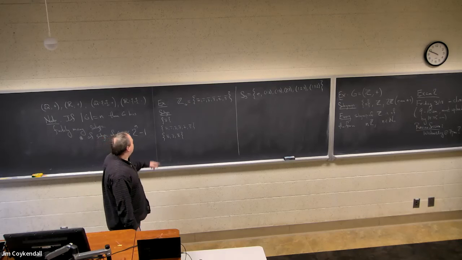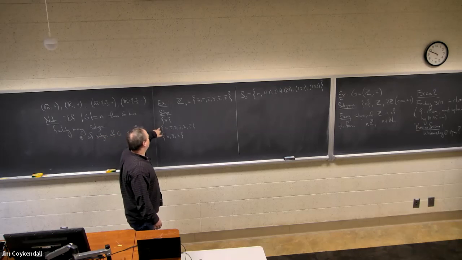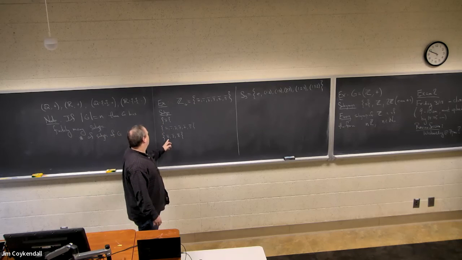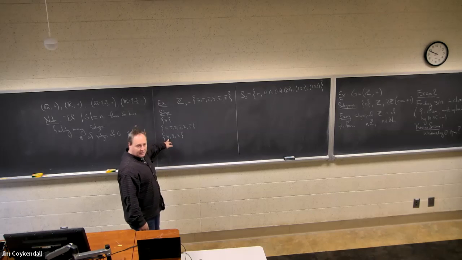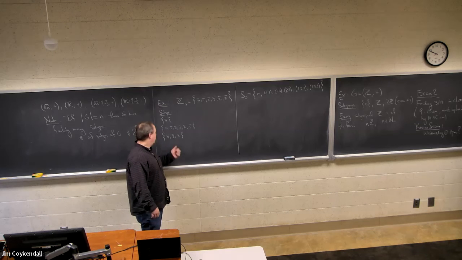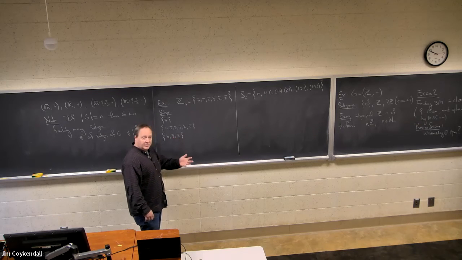Well, I think we can all agree both of these are subgroups, right, because they're extreme. Why does this one work? Notice that when you combine any two of these, it's still in the group, right? 2 + 2 is 4, 4 + 2 is 0, 4 + 4 is 2. No problem there. It's got the identity, and everything's got an inverse. The inverse of 0 is itself, and these two are inverses of each other. So it's a subgroup.